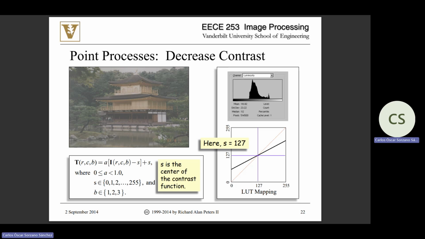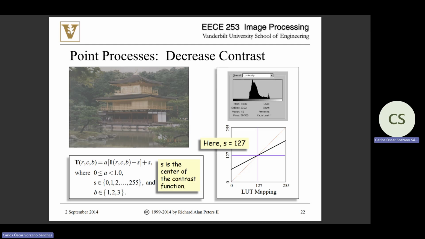Okay, then contrast. I defined the contrast before as the difference between minimum and maximum. So we have the identity transformation there, and then I may define this line.